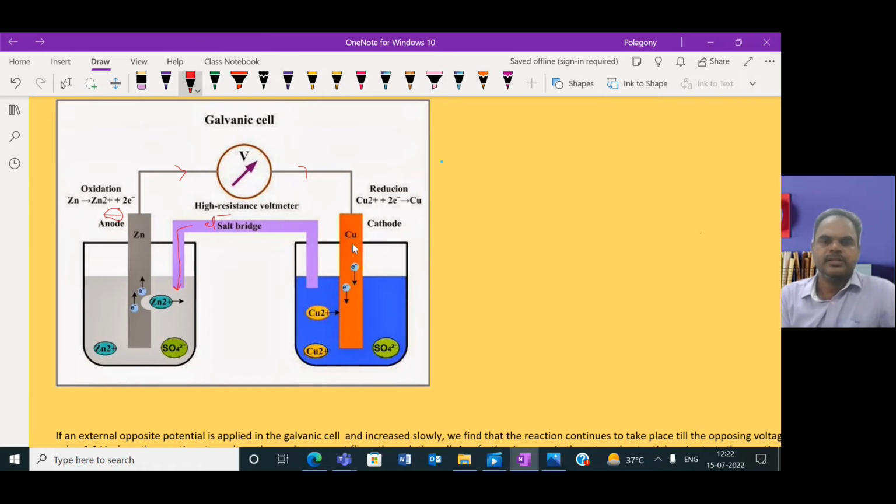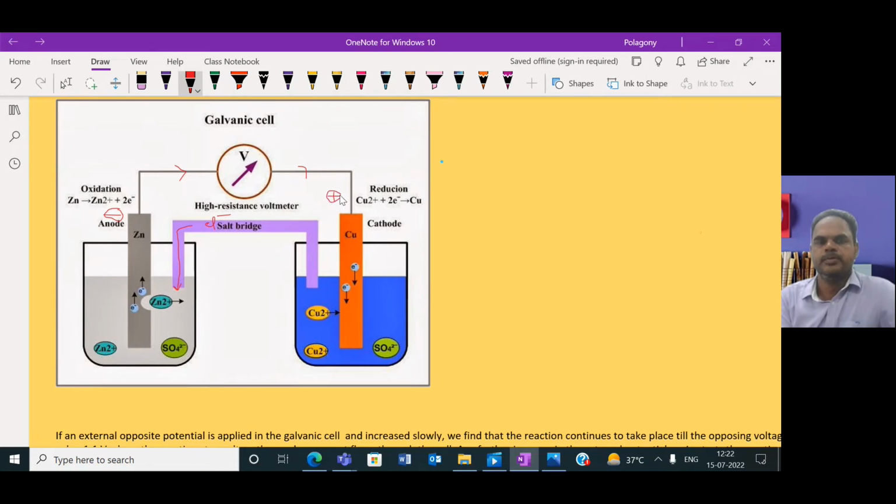The electrons are captured by the cathode here, so the cathode is the source of positive charge, the sink of electrons we say here. The sign convention for the cathode is internally positive.